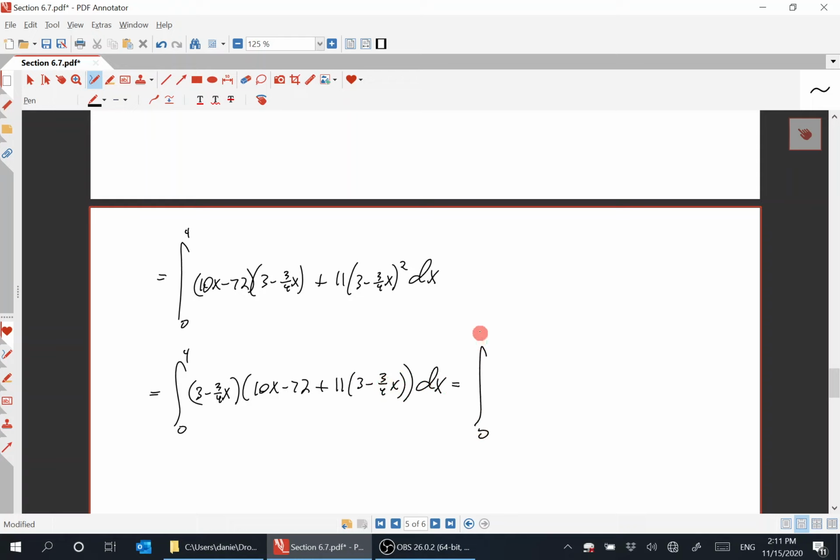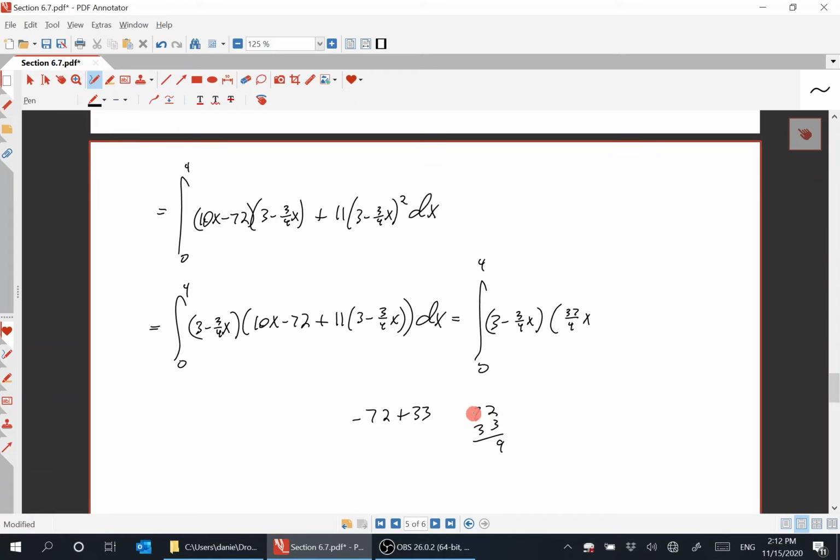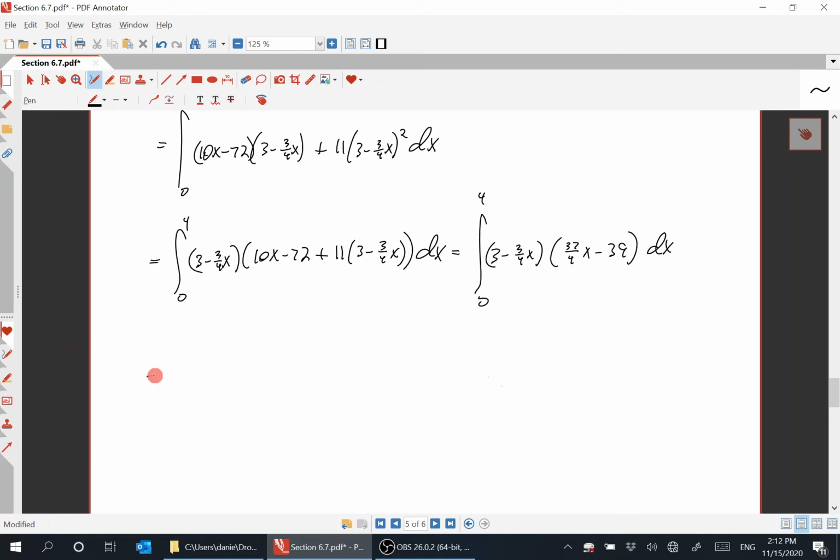So this is equal to, so I have 10x minus 3/4 x, so that's 40/4 minus 3, so 37/4 x, minus 72 plus 33, so 39, dx. Almost there. So integral from 0 to 4.